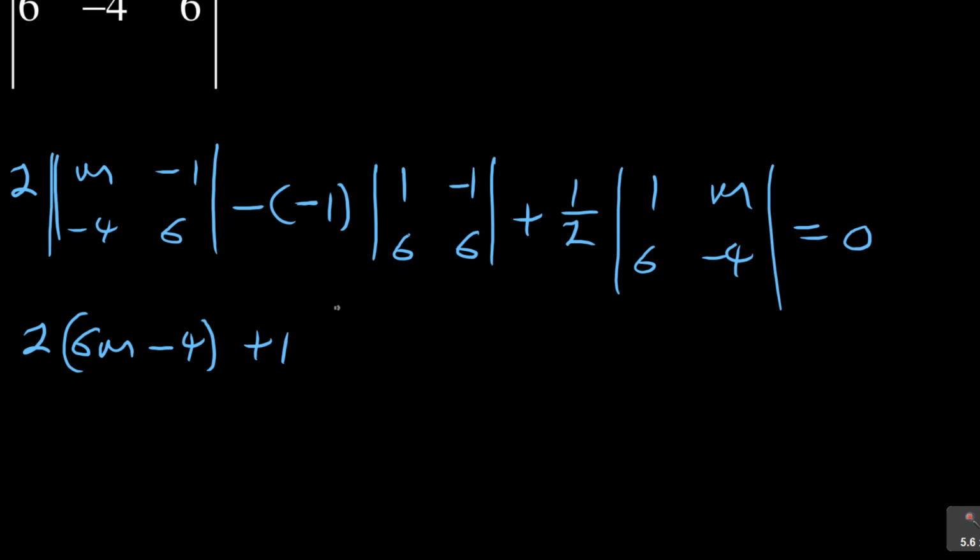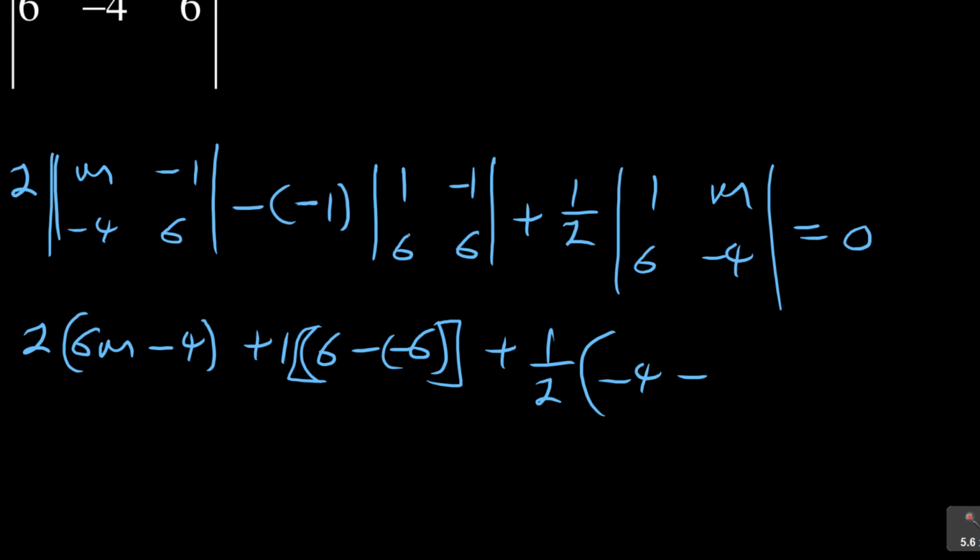Again, here what you are having is 1 times 6, it's 6 minus 6 times minus 1 is negative 6. It's more like double brackets now there. And then plus 1 over 2. And then 1 times minus 4 is minus 4. Minus 6 times m, it's 6m. This must give me a 0.